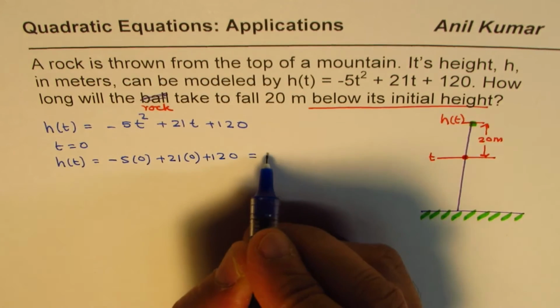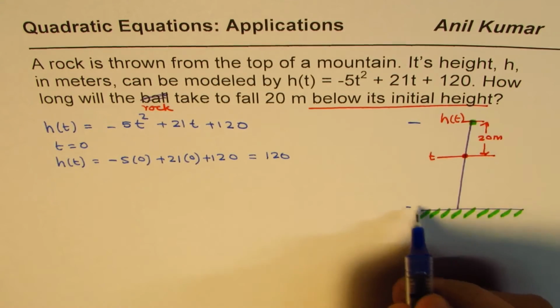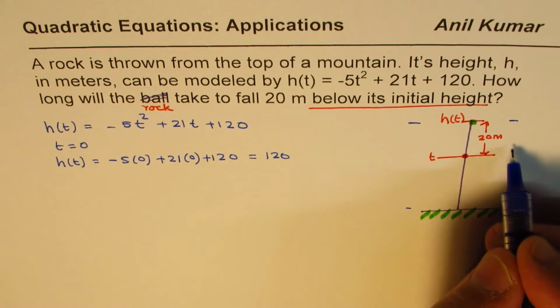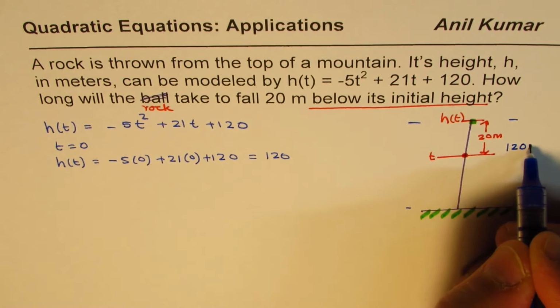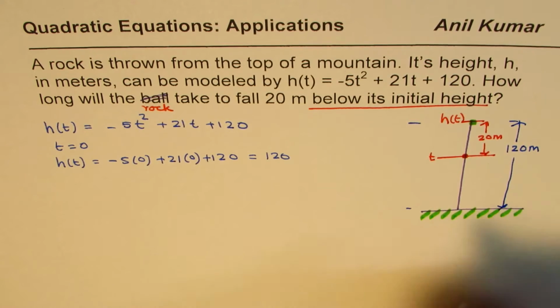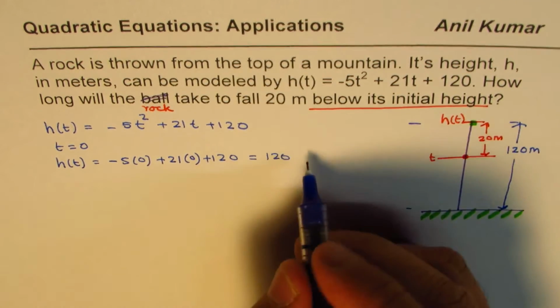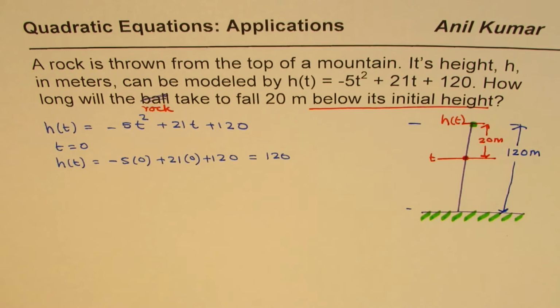And what do we get? We get 120. That means the rock is thrown from the height of 120 meters. Is that okay? So now we know the initial height of the rock.